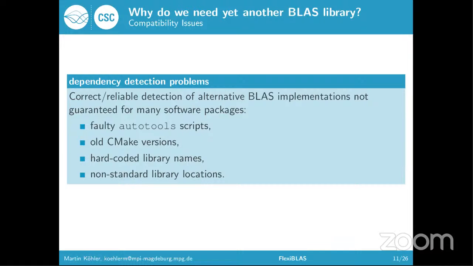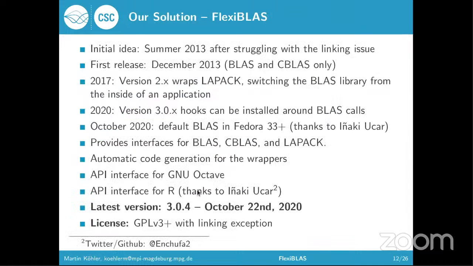Then especially scientific software of people that don't care about such tools like CMake or Autotools, you find hard-coded library paths, non-standard library locations. So in the end, we end up with something, only one path, one library to link, and that's the way which we go to get to this stuff.